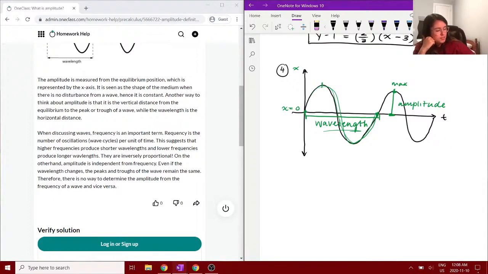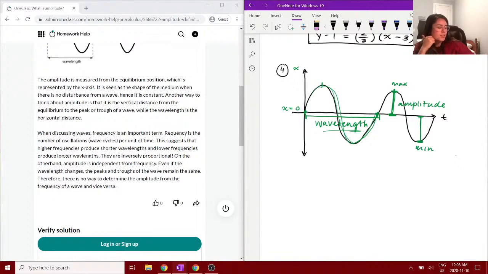So yeah, since this here is the amplitude, I keep drawing over the same lines, but this is the amplitude. This distance here is also the amplitude. So from the max to x equals 0, or from x equals 0 to the minima.